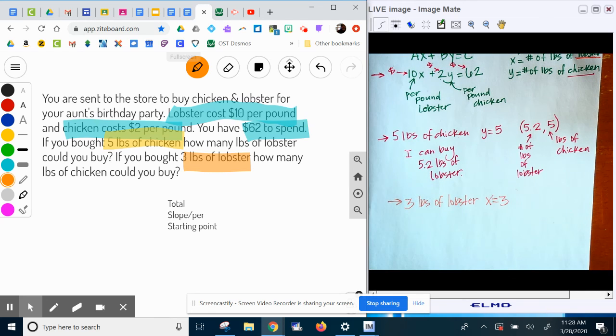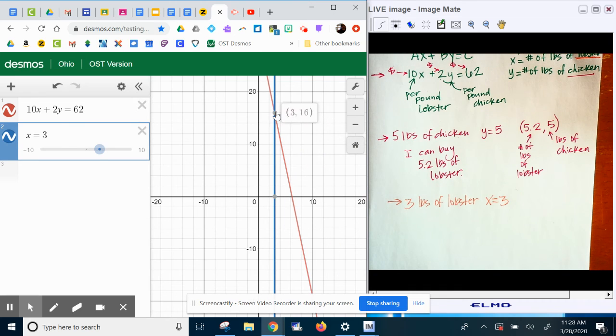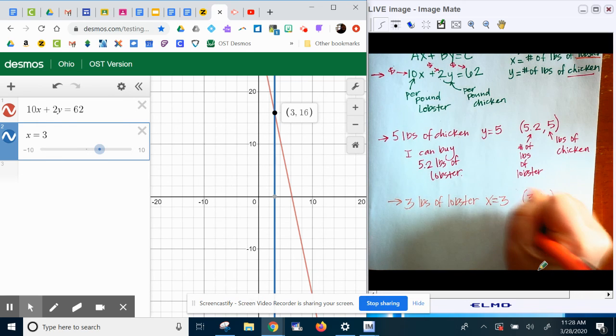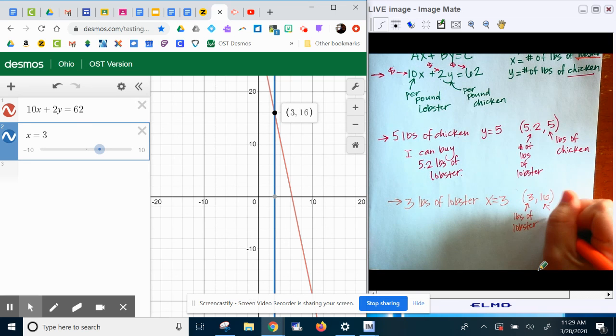I'm going to go back into Desmos and type this in. I no longer have 5 pounds of chicken, and I don't know how many pounds of chicken, so it's x equals 3. I'm just going to see where it crosses, and it crosses at 16. We know x is talking about pounds of lobster because I knew it from right here, and y is talking about pounds of chicken.